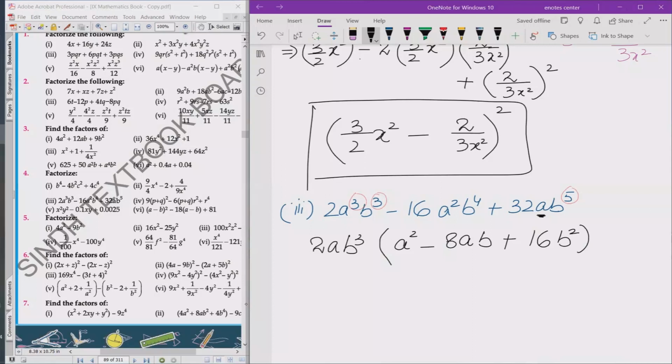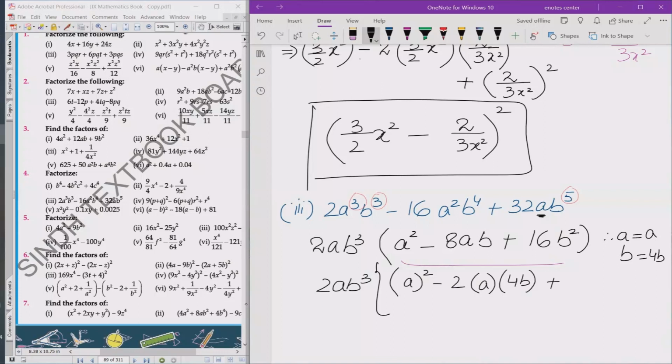Now we can apply the perfect square method here. So we can have 2ab cube, and here we have A square. We can write it this way. First we decide what is A and what is B. So A is A and B is 4b, right?